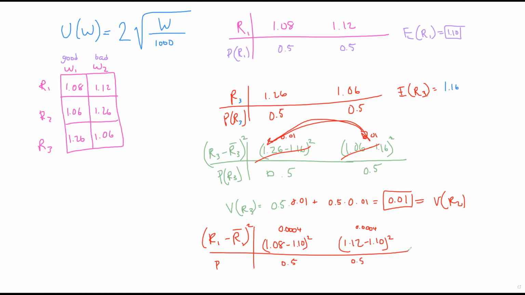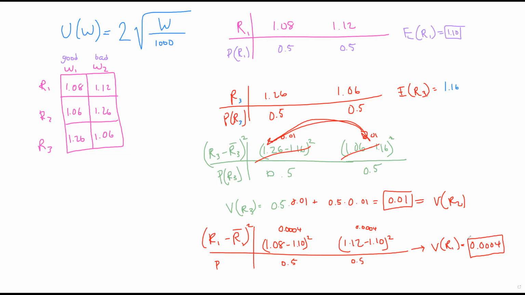We'll just say P. And this means the variance of R1 comes out to be 0.0004. I guess technically they didn't want the variance. What do they want for part B? I think they wanted the standard deviation.